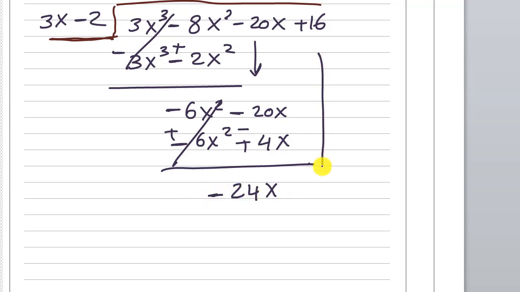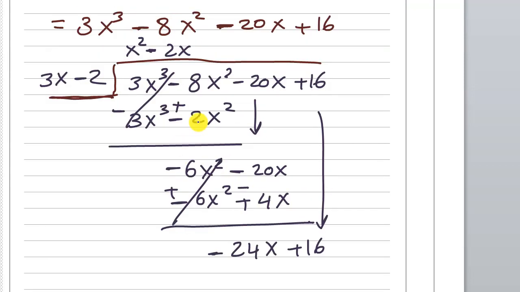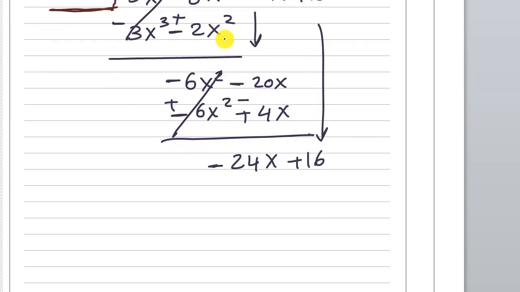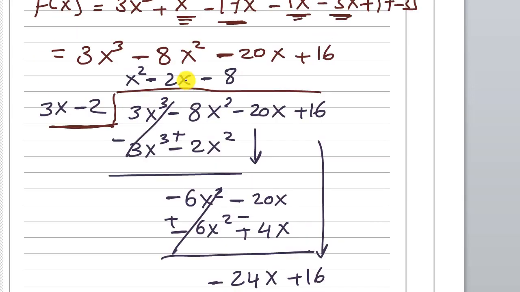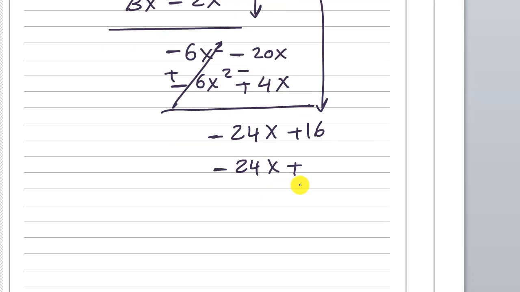Minus 24x, and the 16 will go down, plus 16. So now we have minus 8. So minus 24x plus here minus 8 minus 2 plus 16.